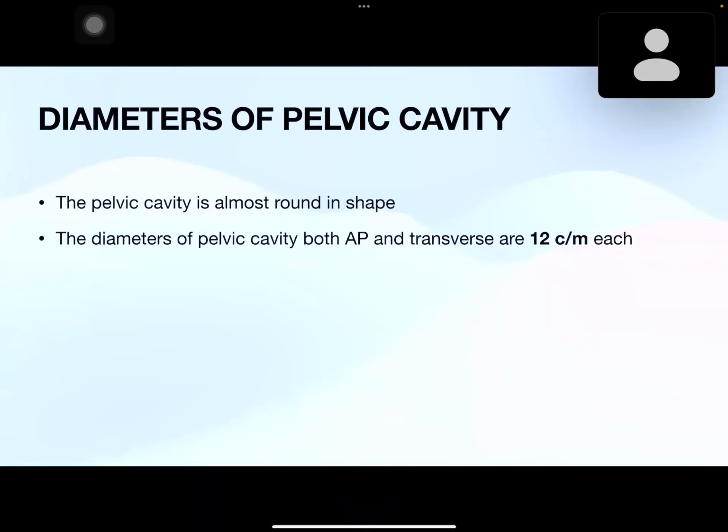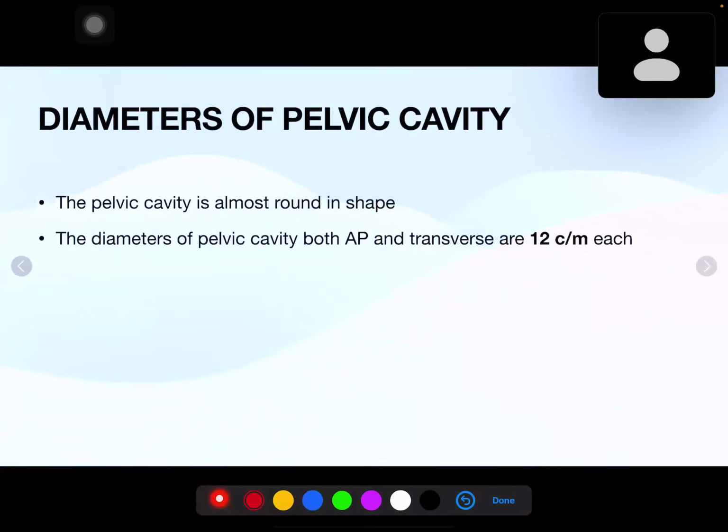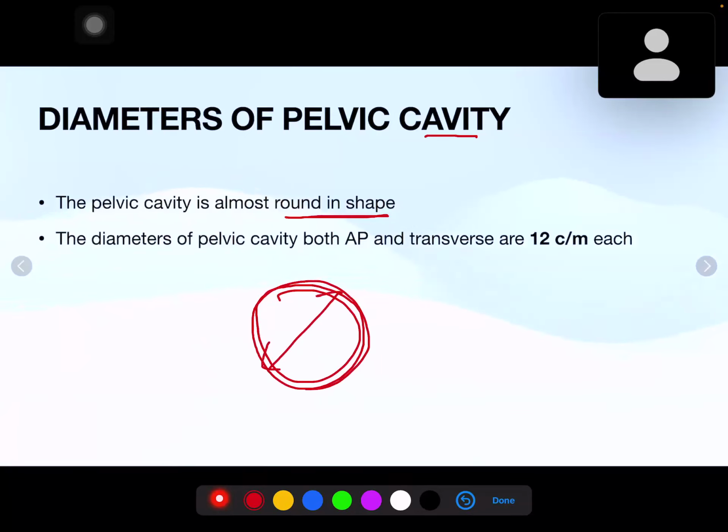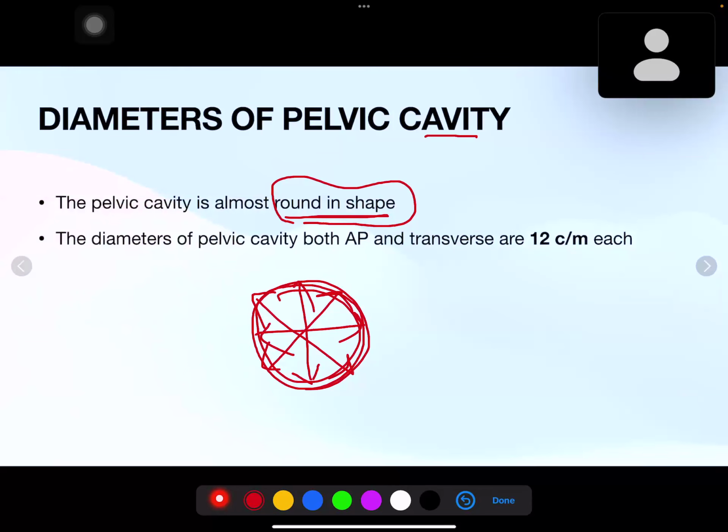Again, a very important and easy way to remember: the pelvic cavity is almost round in shape. When anything is round, all the diameters will be equal. Even if you take oblique, AP, or transverse, anything which is round in shape has all diameters equal, so it is 12 centimeter each.